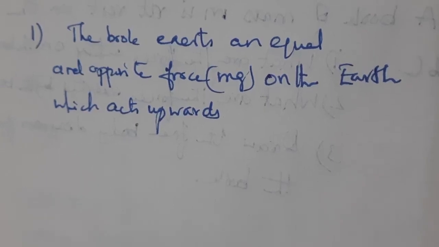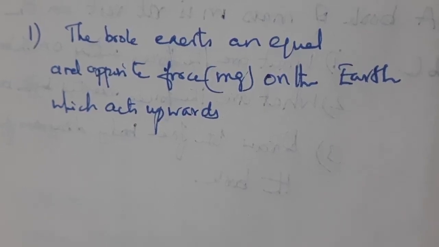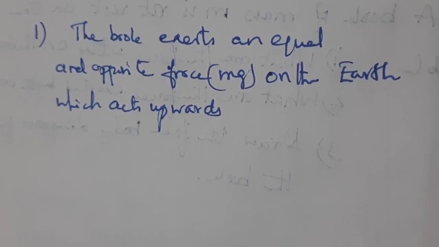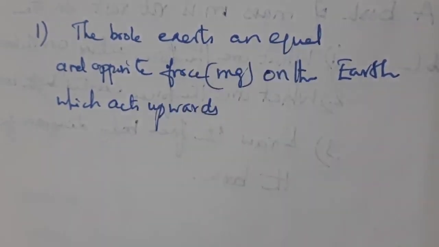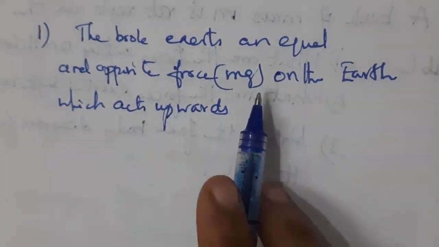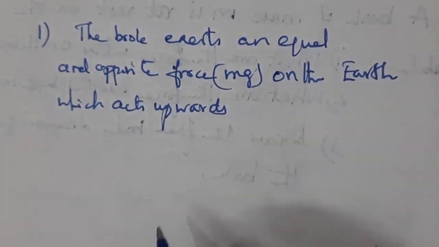So gravitational force is acting downward, and the reaction force is acting upward. That is, the book exerts an equal and opposite force mg to the gravitational force on the earth, which acts upwards.